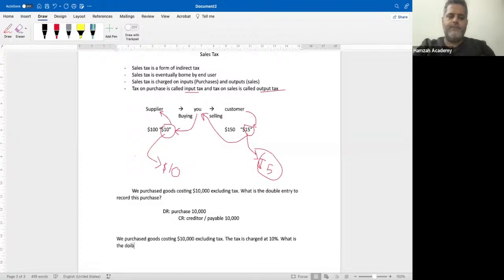What is the double entry to record this purchase, assuming we are not registered for sales tax?